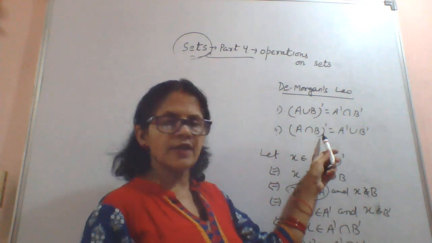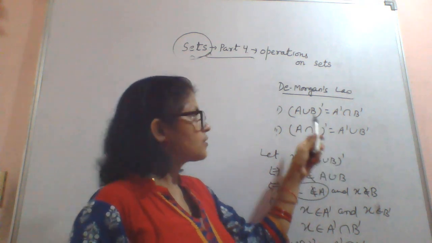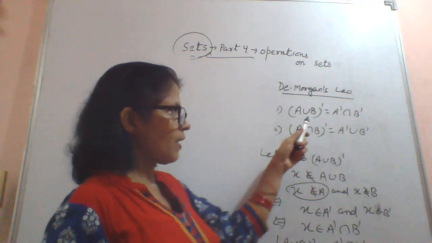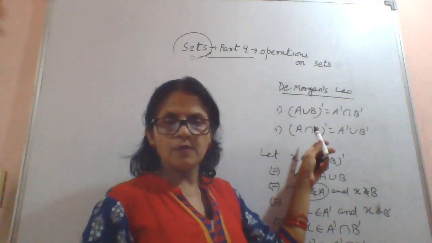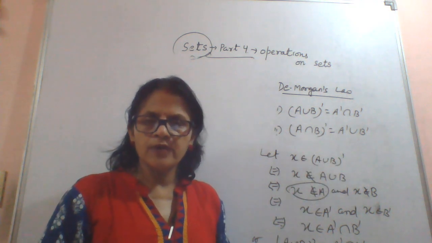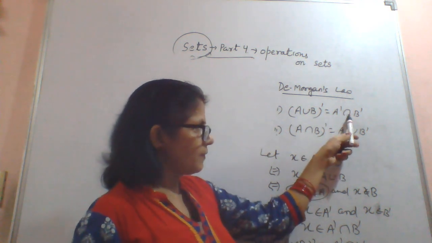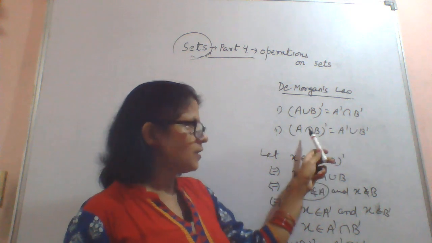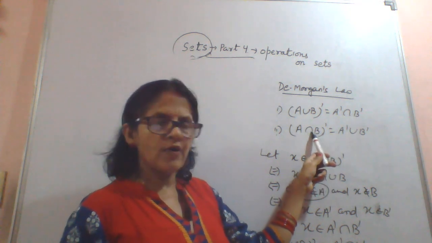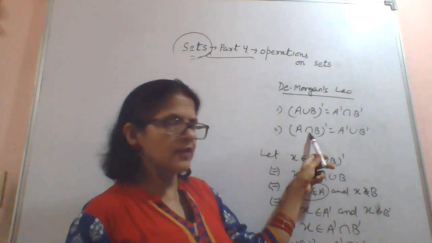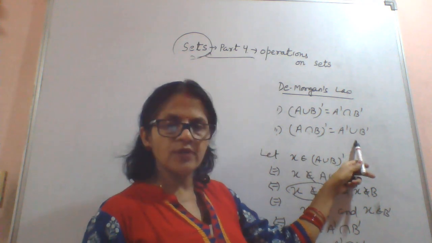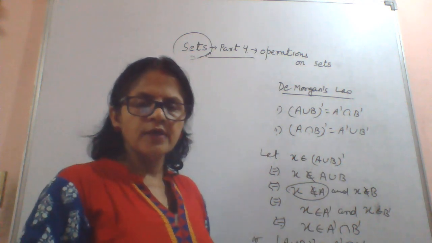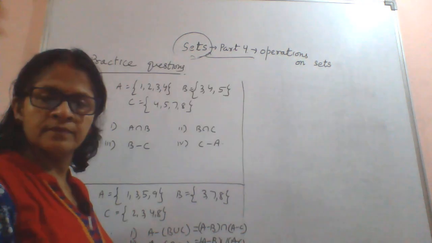Similarly, you can prove the second part. Whenever it is De Morgan's law, you have to see both the parts: complement of A union B is A complement intersection B complement, and complement of A intersection B is A complement union B complement. Okay, now we will take some questions.